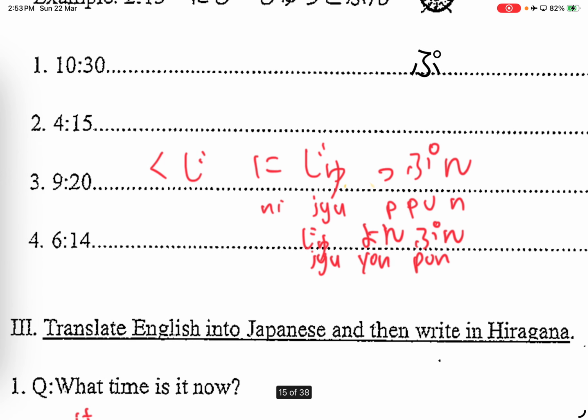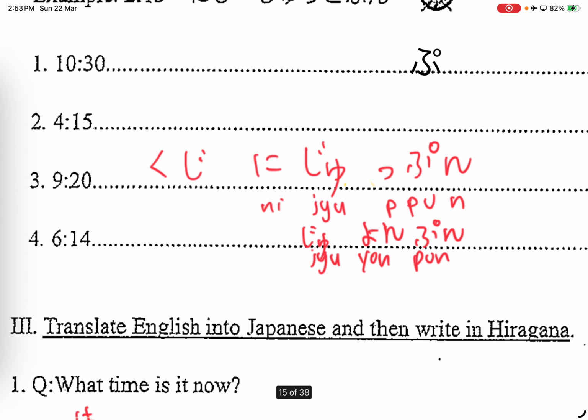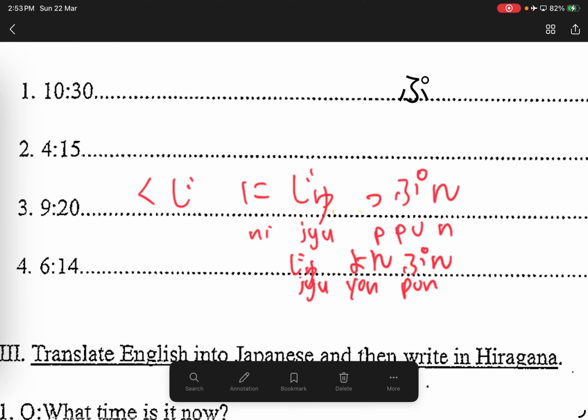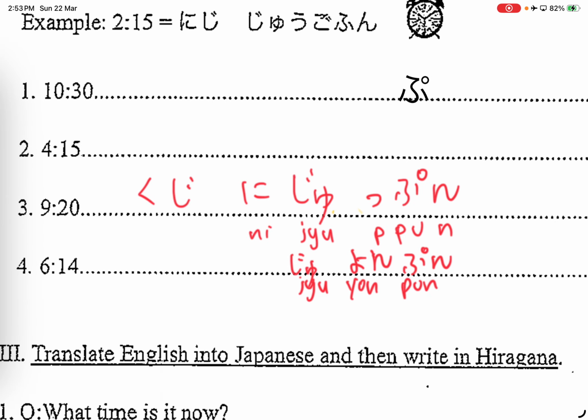6:14. 6時14分. Is it pun? No. FUN, not PUN. Wait, I don't think it's pun.